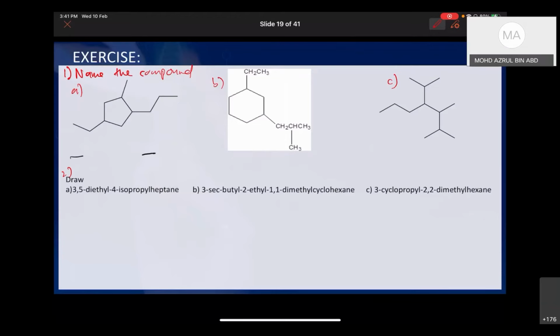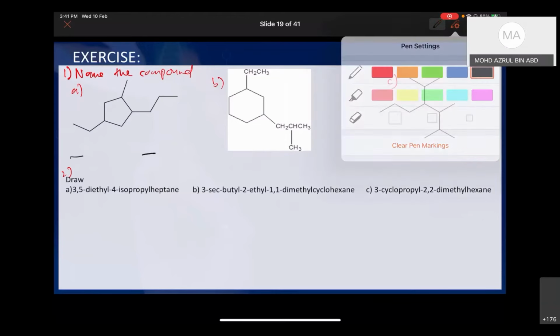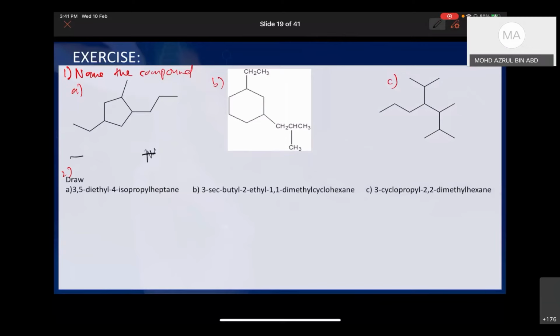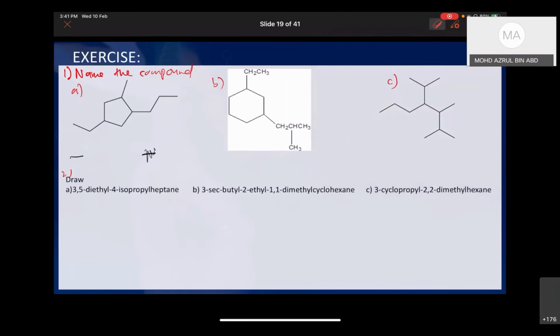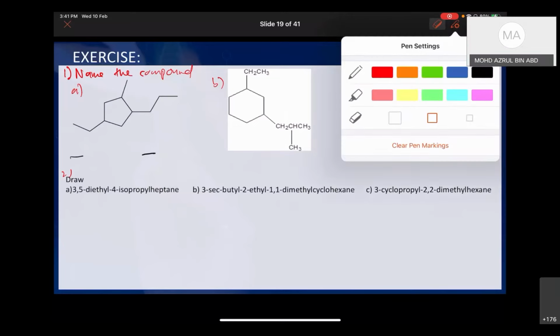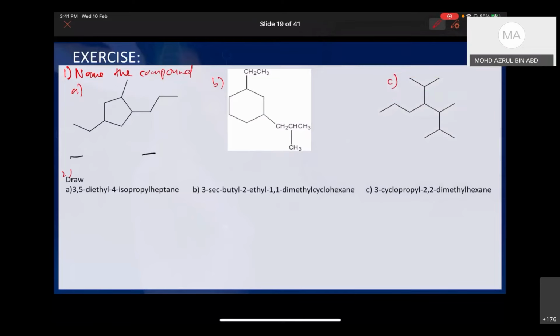Naming is something hard. Usually students easily get the wrong answer for naming the compound. Okay, try to name the compound.